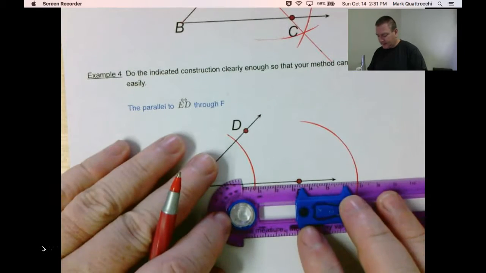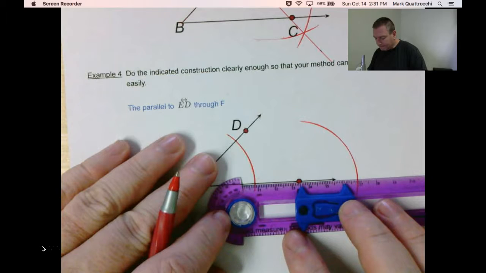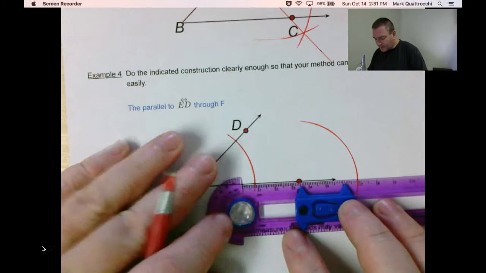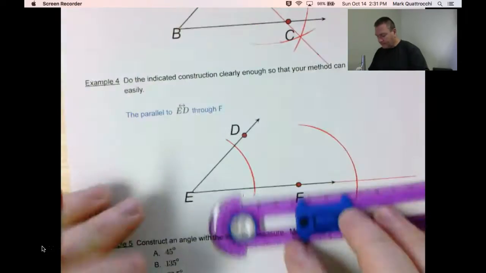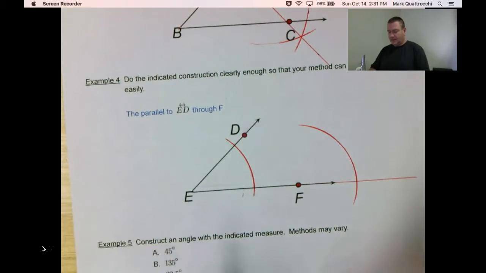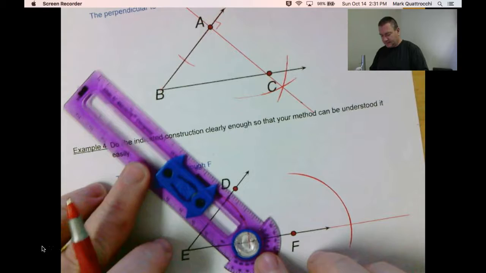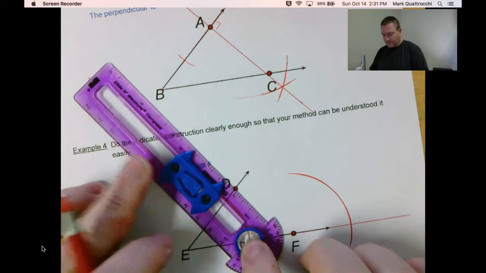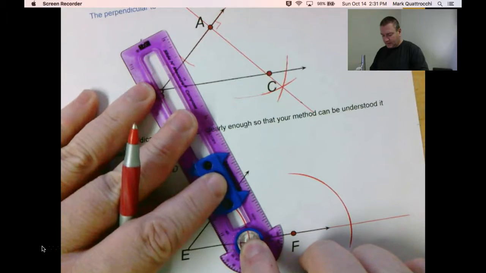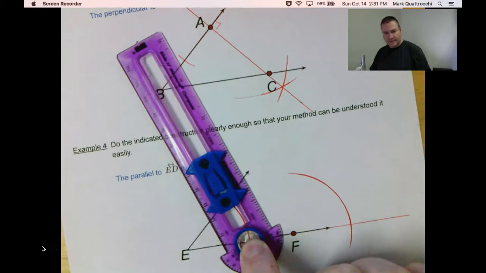And I need to extend EF a little bit more so that it's going to hit. Now I need to measure and set my radius to the length from this intersection to this intersection.